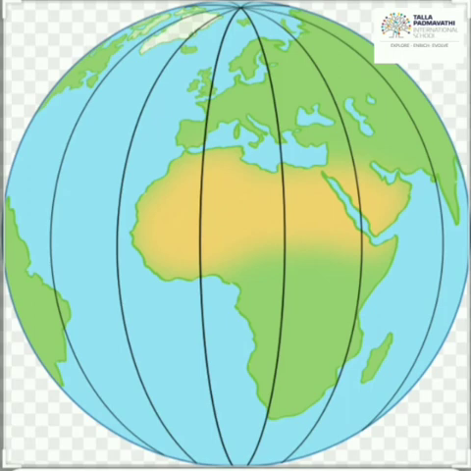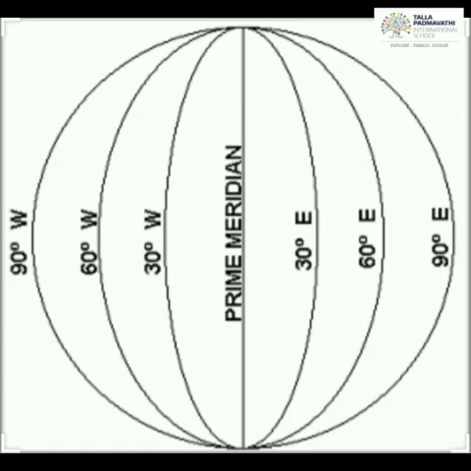Whereas latitudes go all the way around the Earth as circles, longitudes are in semicircle form, and they are also numbered similarly to latitudes, starting from 0 degrees, the prime meridian, which is showing very clearly in the image.